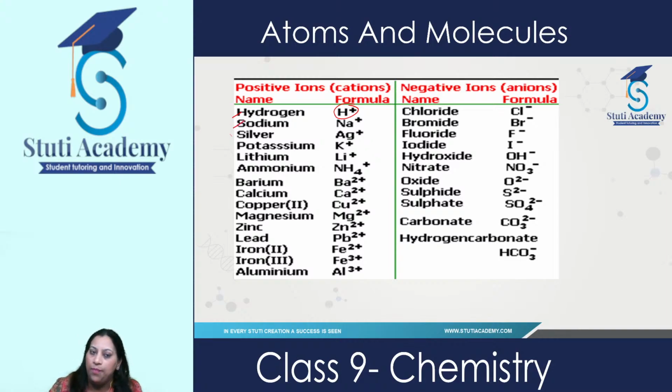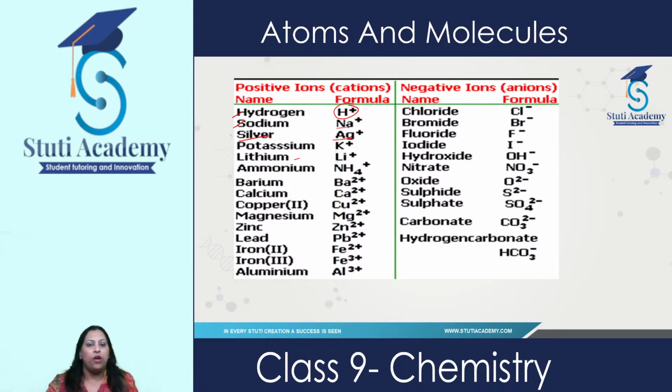Sodium, Na positive, and how these formulas are formed. Just now I have discussed this is due to the tendency of losing or gaining electrons. Then silver, that's Ag plus, potassium, K plus, lithium, Li plus, ammonium, NH4 plus.